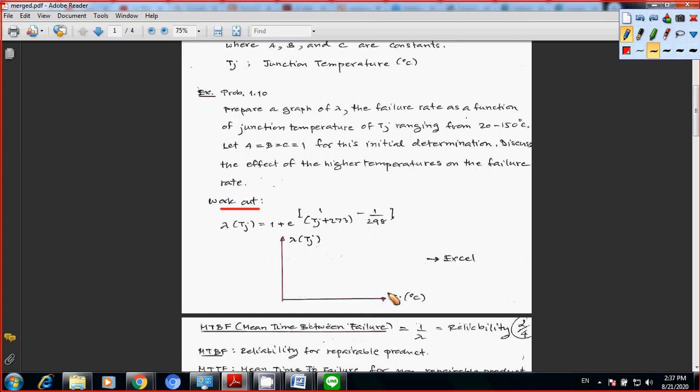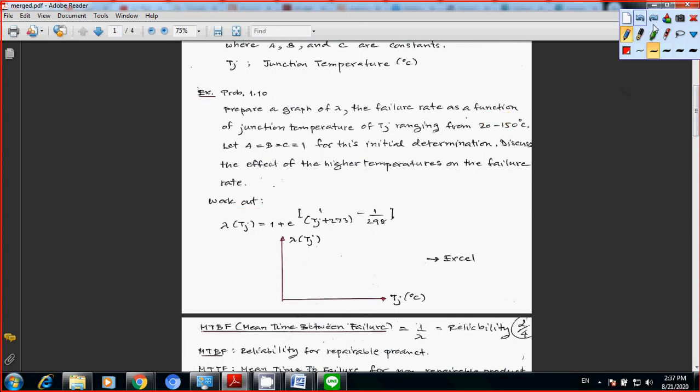For the x-axis, that's going to be your junction temperature in degrees Celsius. And for the y-axis, it's going to be the failure rate. So Tj starts from 20 to 150 degrees Celsius. You can do it, I don't have to show it on Excel.